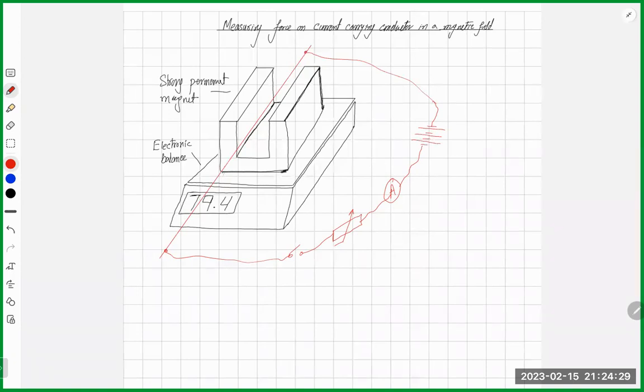This is a direct current power supply. It is a DC power supply. Ammeter, variable resistor, switch S.